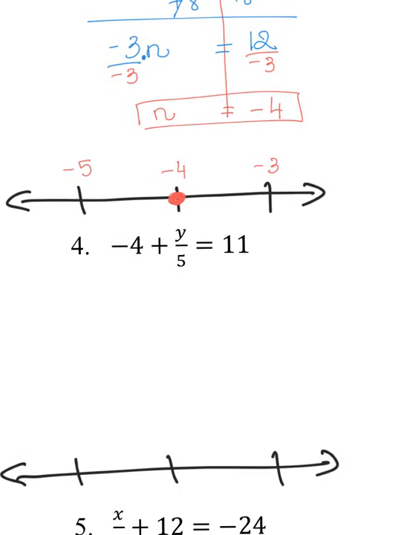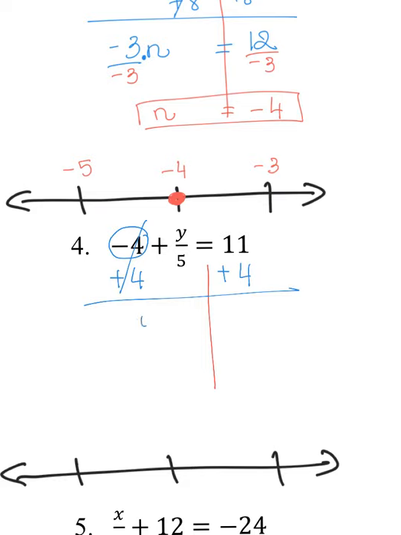Number 4. I'm going to draw the line. Okay, first I need to get rid of the constant. Negative 4 plus y over 5. So the constant is negative 4. So I'm going to add 4 on both sides. So negative 4 add 4 is 0.